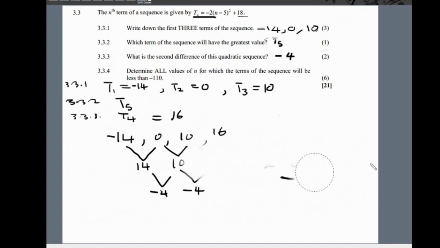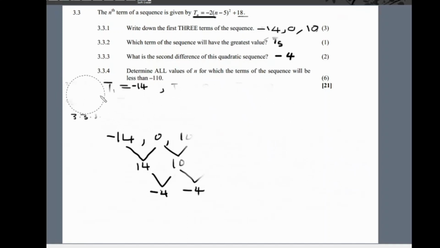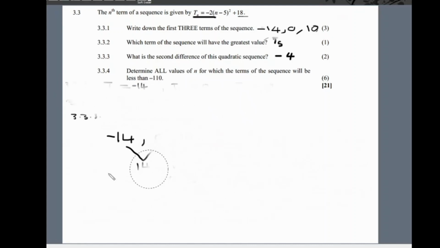Now let's go to 3.3.4. Determine all the values of n for which the terms of the sequence will be less than negative 110. So now this takes you back to the understanding of functions and graphs.